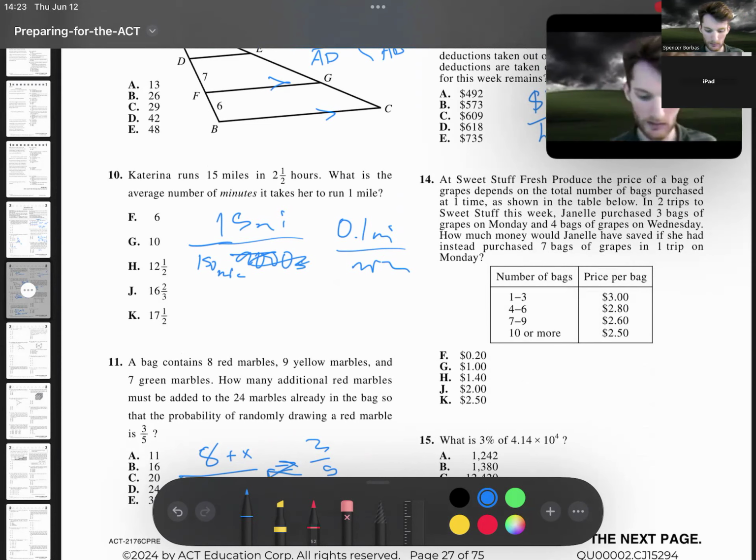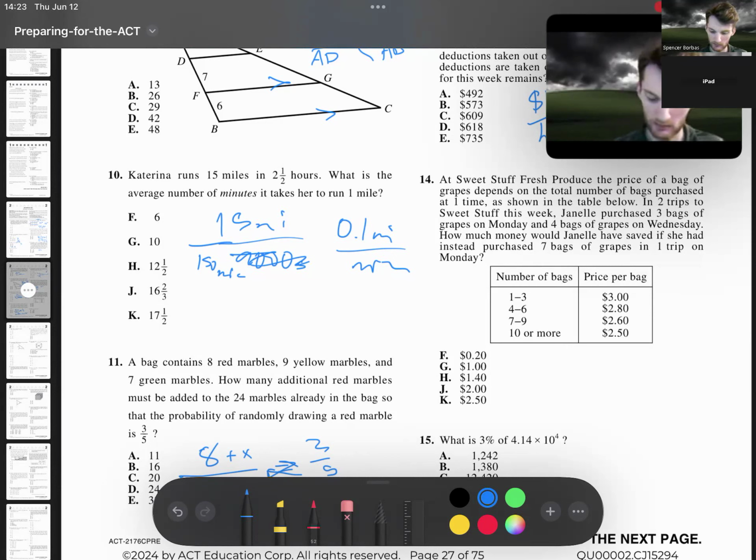Sweet Stuff Fresh Produce. The price of a bag of grapes depends on the total bags bought at one time. In 2 trips, Sweet Stuff purchased 3 bags of grapes on Monday and 4 bags on Wednesday. How much? Okay, 2 trips.